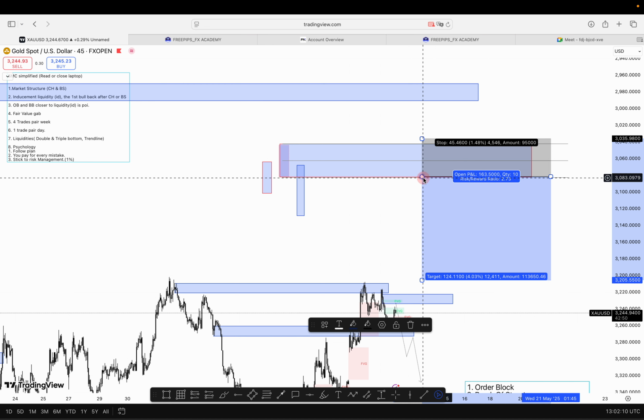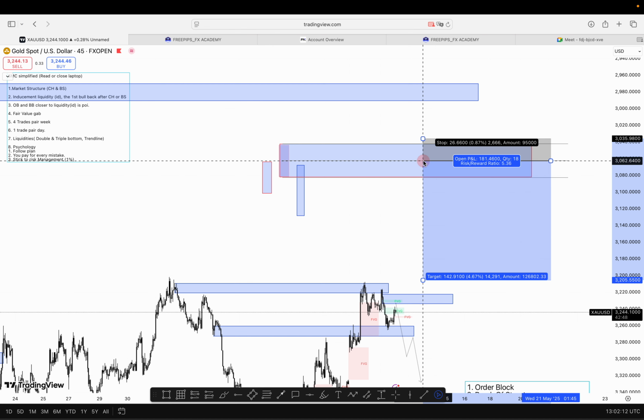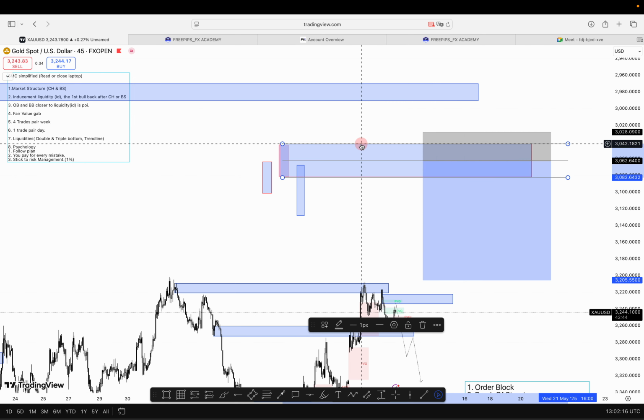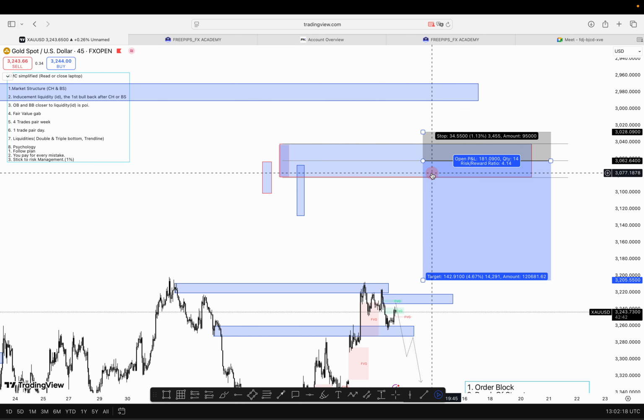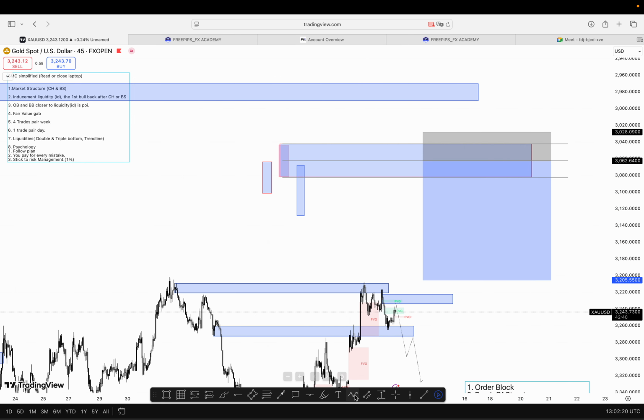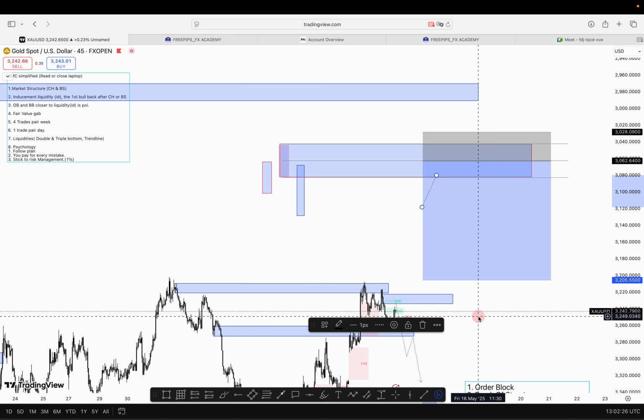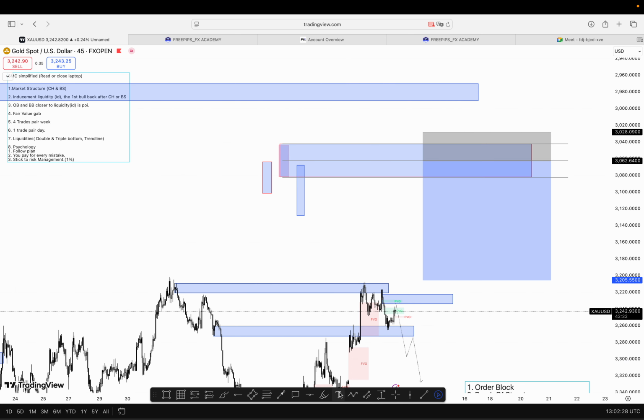Then you have your entry here and your stop loss above it. But the majority of the time, price will come back, take the mean of the order block and sell. And at times too, price will go deep into the order block and then sell.